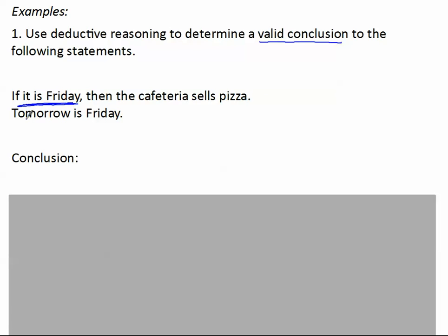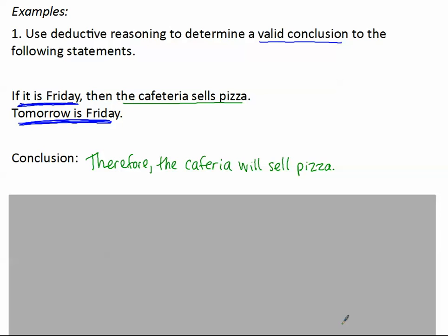The next thing that was stated is that tomorrow is Friday, the same thing that this statement began with. So that's the hypothesis, assuming it to be true. Then we can go with the conclusion that the cafeteria should be selling pizza. Now we want to make it make sense grammatically, so we start our conclusion, therefore, tomorrow's Friday, so the cafeteria will sell pizza.